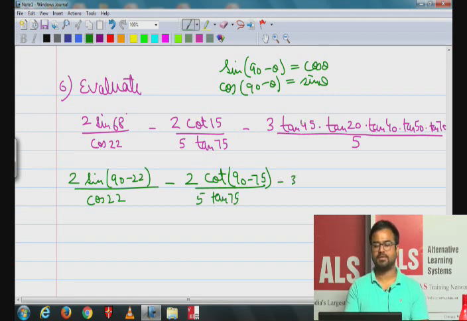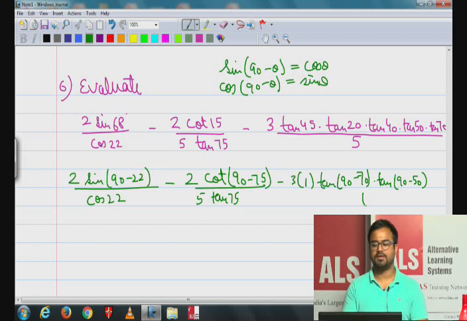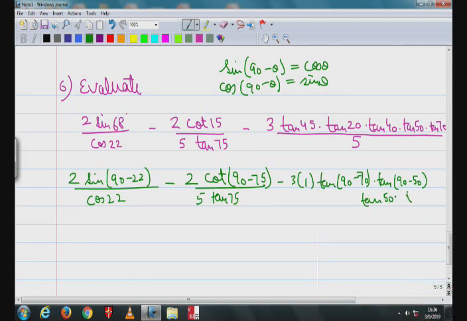Now tan 45 is nothing but 1. Again, tan of 20 degrees can be written as tan of 90 minus 70, and tan of 40 degrees can be written as tan of 90 minus 50, and then tan 50 and tan 70 as they are, whole divided by 5.